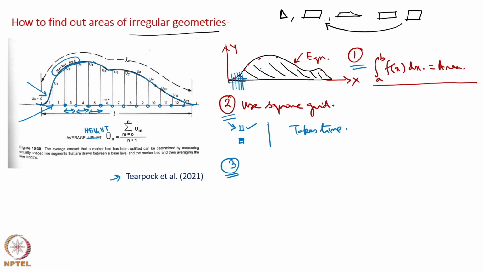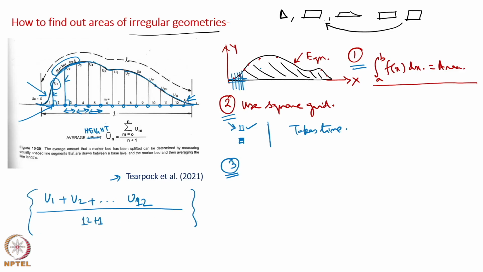Now, draw normals on the straight line at all these points. So, it starts from u1 vertical line, then u2 vertical line and goes up to u12. Measure all these distances and add up. One can measure using a scale and keep adding them, and then, if there were 12 such lines as in this diagram, I will divide by 12 plus 1, which is 13.